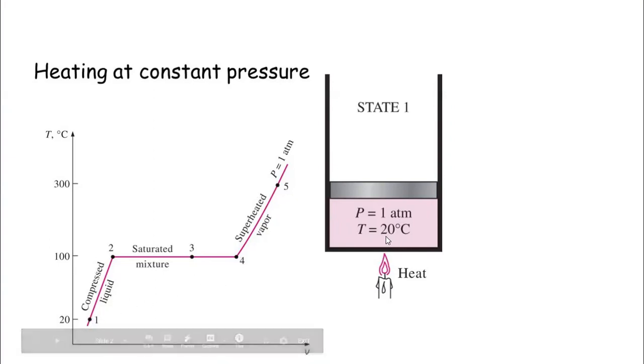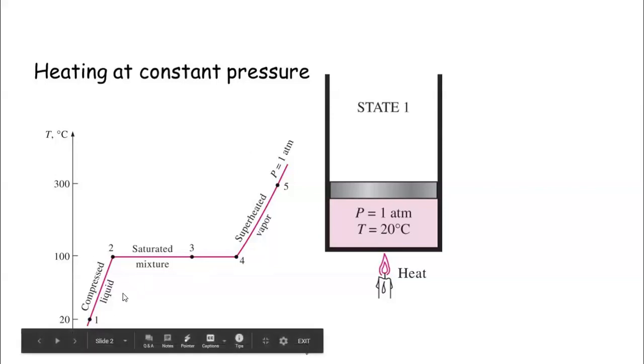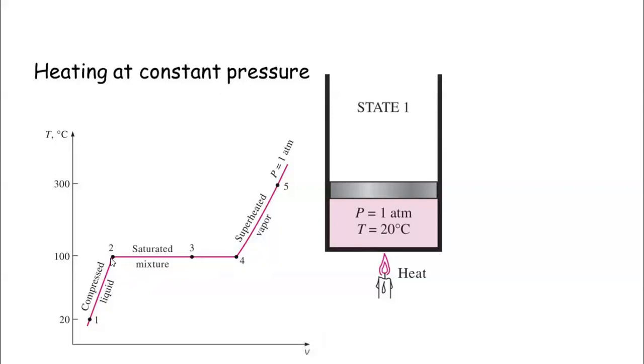At state 1, the temperature is 20 degrees centigrade, the pressure of the water is 1 atmospheric pressure. So if you heat it, there will be a sensible heating of this water from the state 1 up to the state 2. And this would continue till the temperature, which is the saturation temperature or boiling point, is reached.